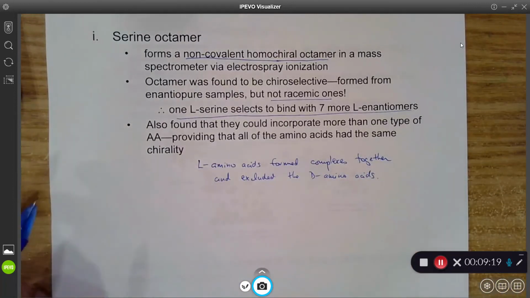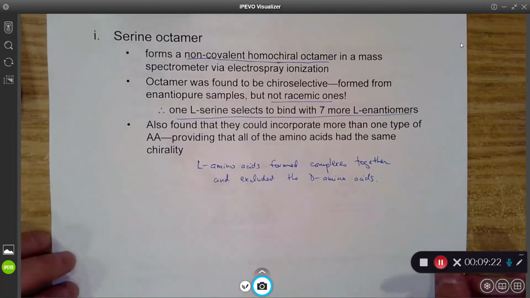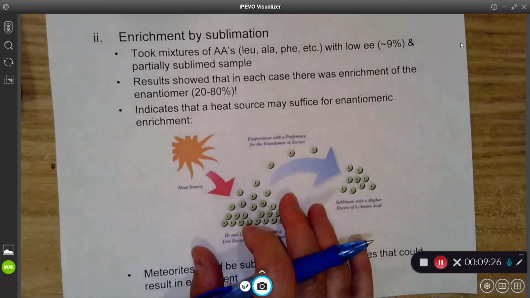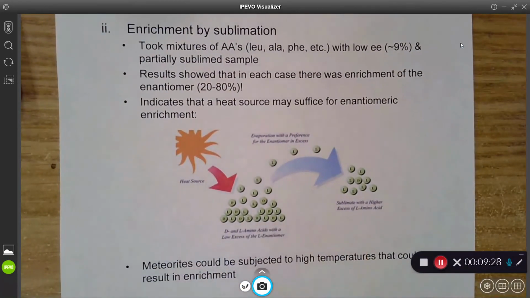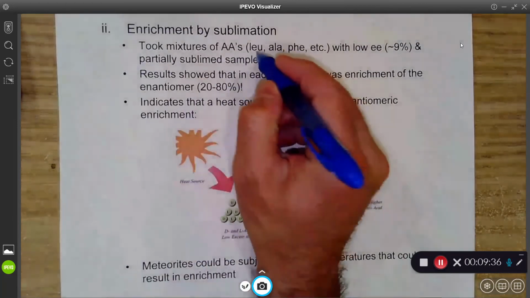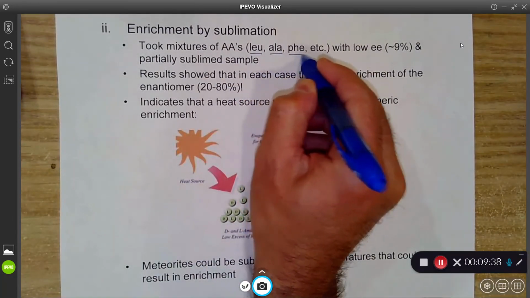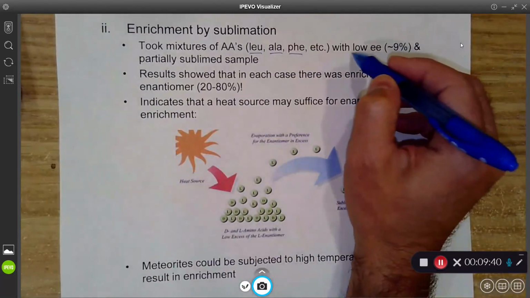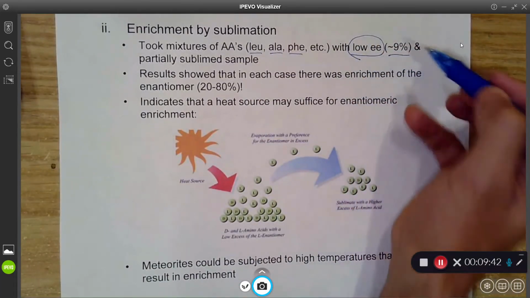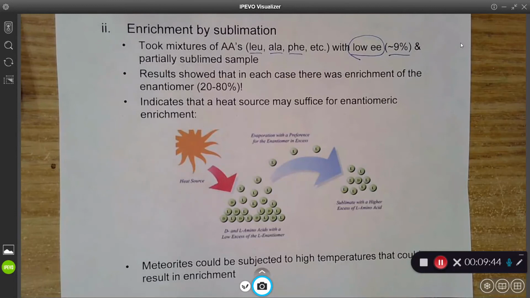Okay, so that takes care of the Serine Octamer experiment. The last experiment in this module is called enrichment by sublimation. What they showed was that they could take mixtures of amino acids, things like leucine, alanine, phenylalanine, etc., with low enantiomeric excess, maybe around 9%, and partially sublime these samples.